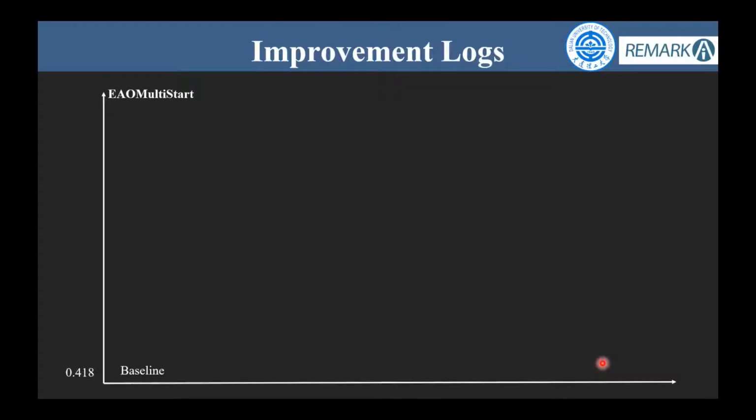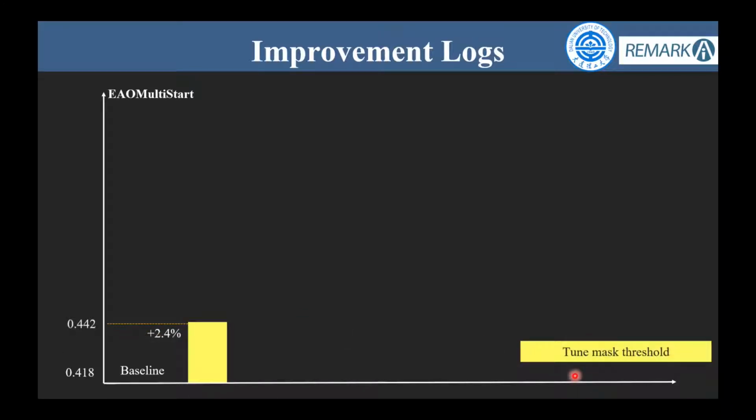On this page, we list every step we take to achieve the best performance. As mentioned before, we use DiMP50 plus AlphaRefine as our baseline. The EAO multi-start is 0.418. After tuning the mask threshold, we got a 2.4% performance gain, and the EAO multi-start increased to 0.442.